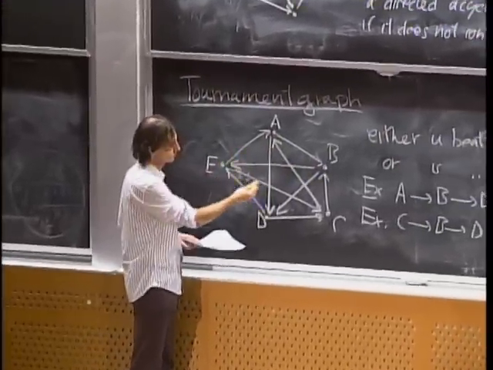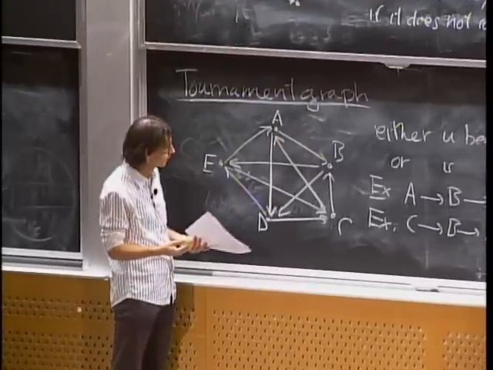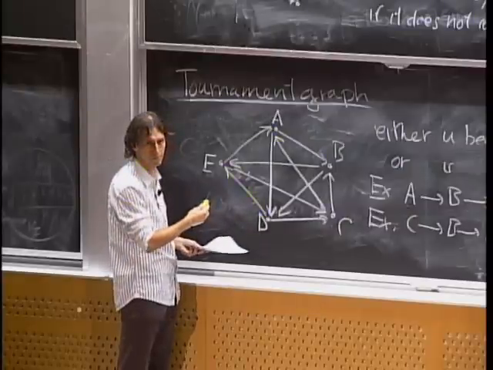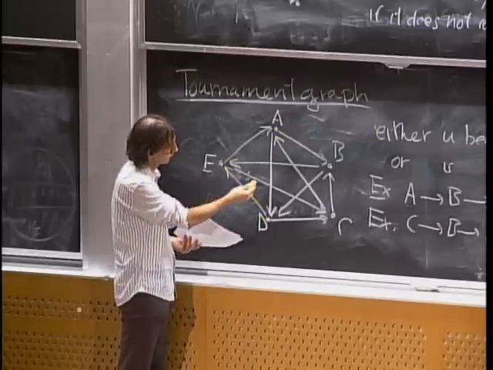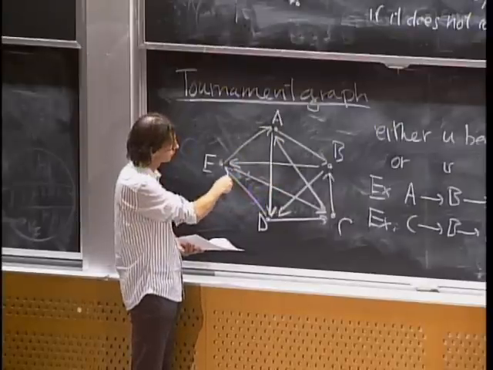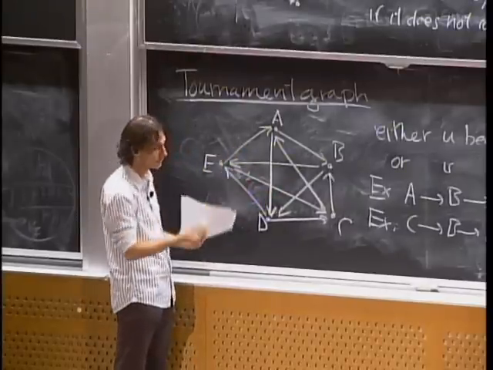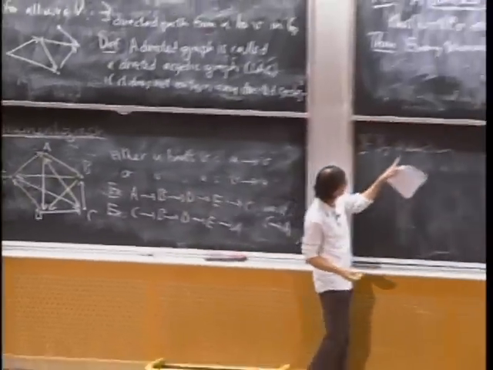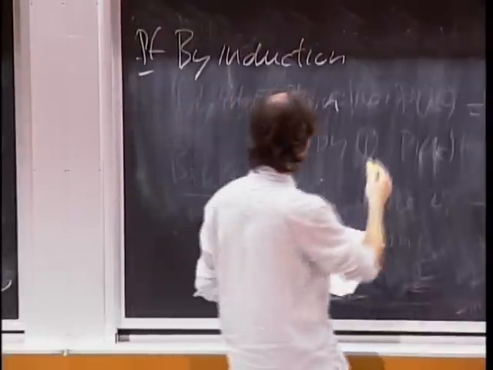I also have edges, but the number of edges is always directly related to the number of nodes in a tournament graph. So I really have just that one parameter. So it makes sense to use induction on the number of nodes.